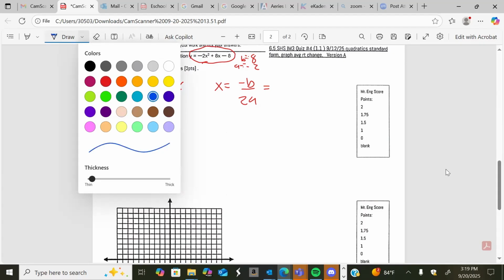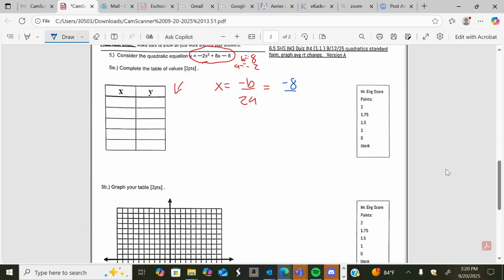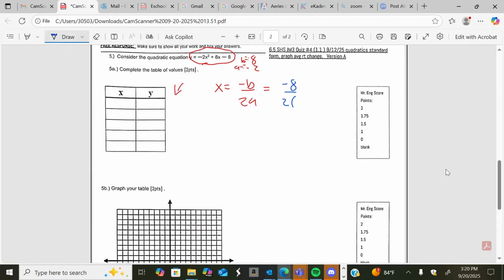And now that we found out what b is, we can just substitute. So this becomes negative 8 all over 2 times negative 2. Gotta remember to put those parentheses. So this becomes negative 8 all over negative 4. Negatives cancel each other out, so this becomes 8 divided by 4, which is just 2.